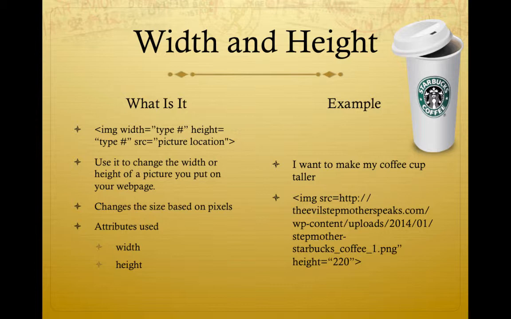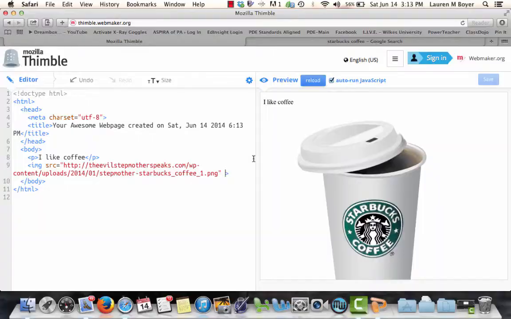So what you're going to do, looking at my example code, is right after your source code, you'll put height equals, and you'll just chain in your quotation marks, you'll put a number, and then you'll play around with that number until it's like you like it. If it starts to look a little funhouse mirror, you also may have to add the width. Once the image is as you like it, you leave it, and you continue on in your web page making. I'll see you online, and we'll give this a try.